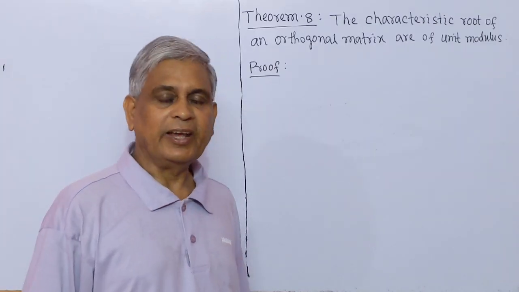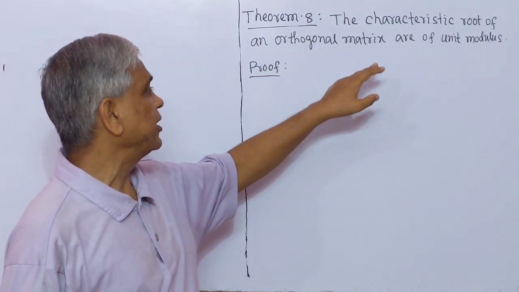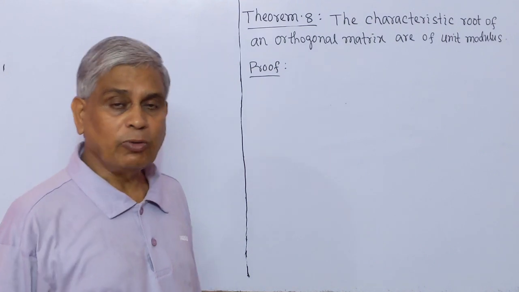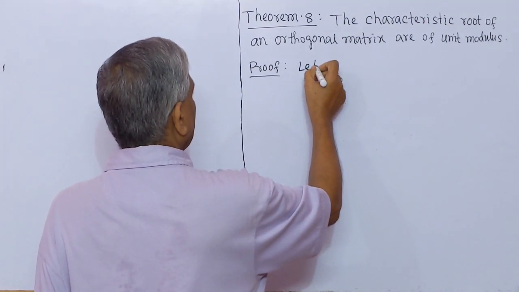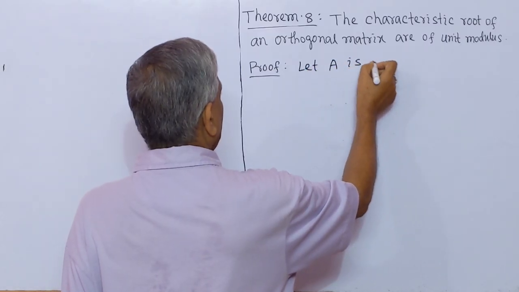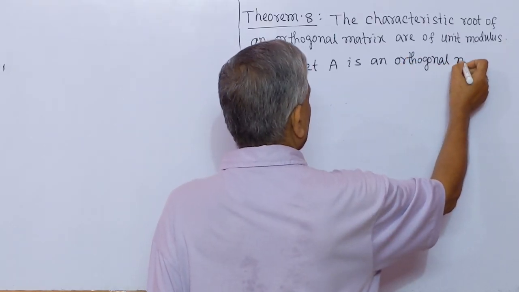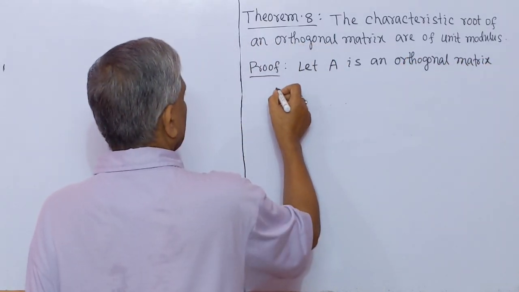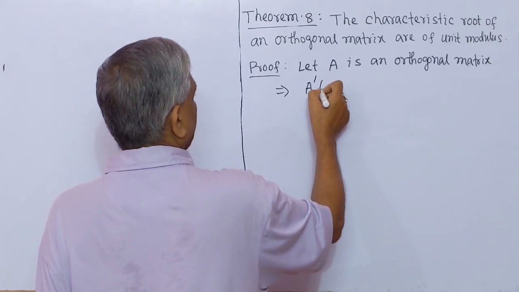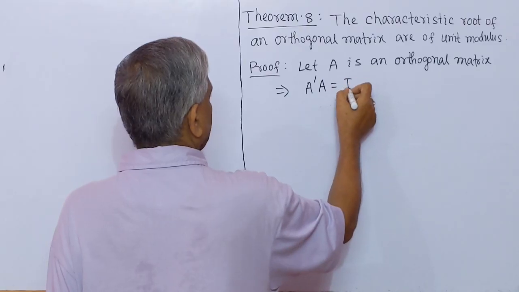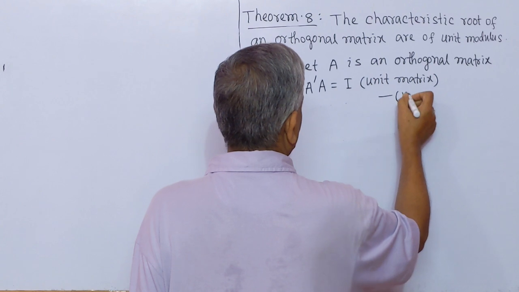Now we prove the next theorem. The next theorem is: the characteristic roots of an orthogonal matrix are of unit modulus. Now we prove this. Let A be an orthogonal matrix, which implies that A transpose multiplied by A = the unit matrix. This is number 1.